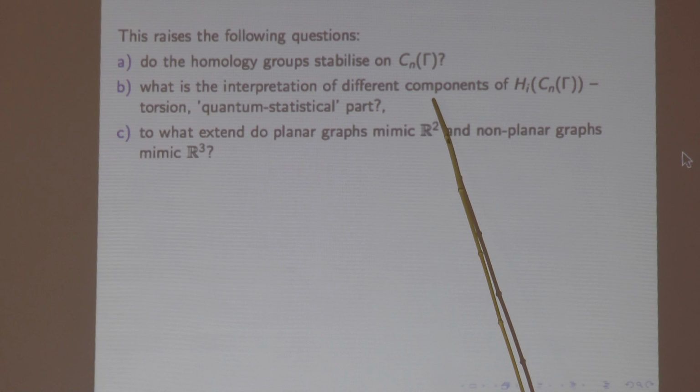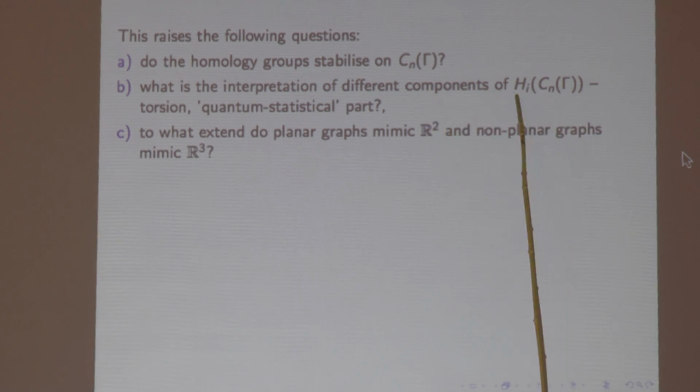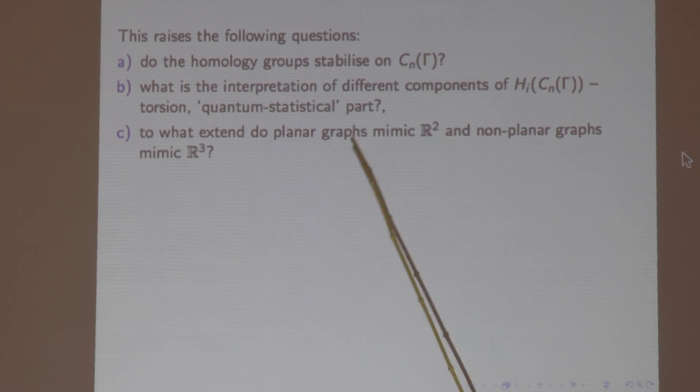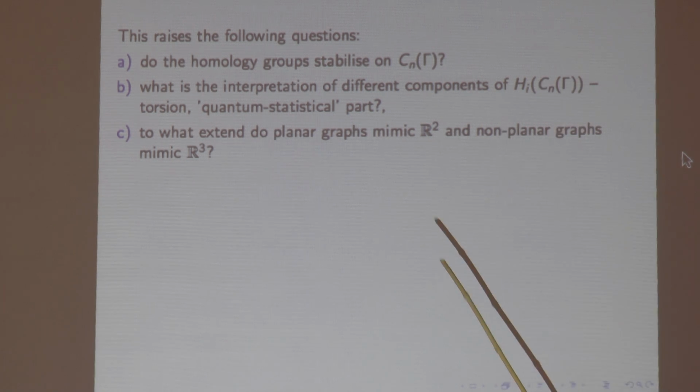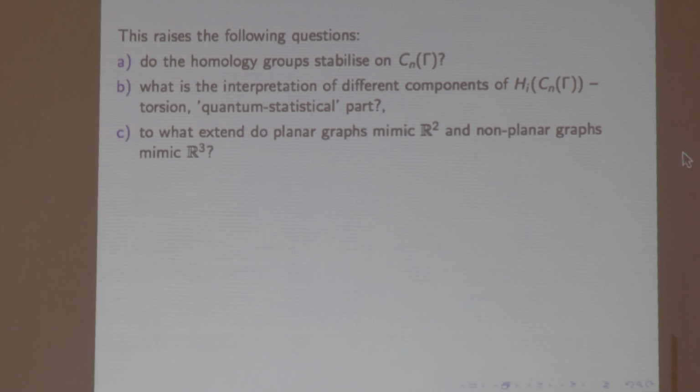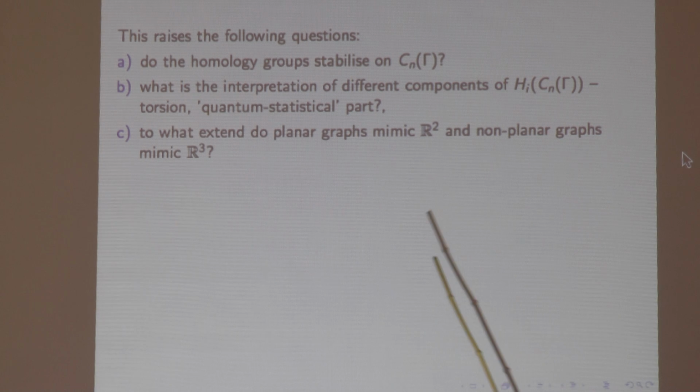Is there some interpretation of different components of these groups? Is there some quantum statistical part? And to what extent do they mimic R2? Because we've seen that free-connected planar graphs mimic R2, free-connected non-planar graphs mimic R3, and we would like to know if this is true up to, like, the seventh homology group.